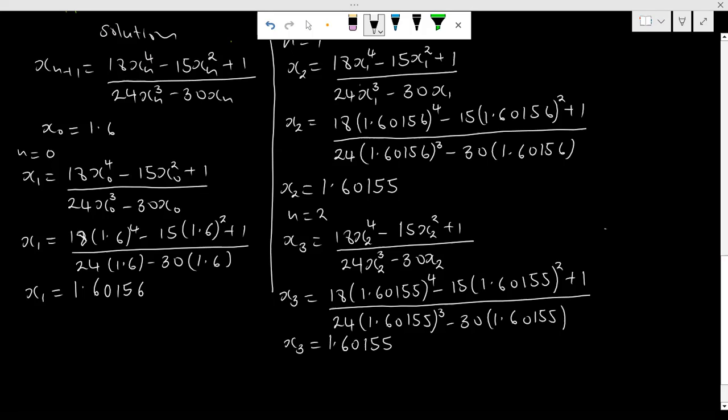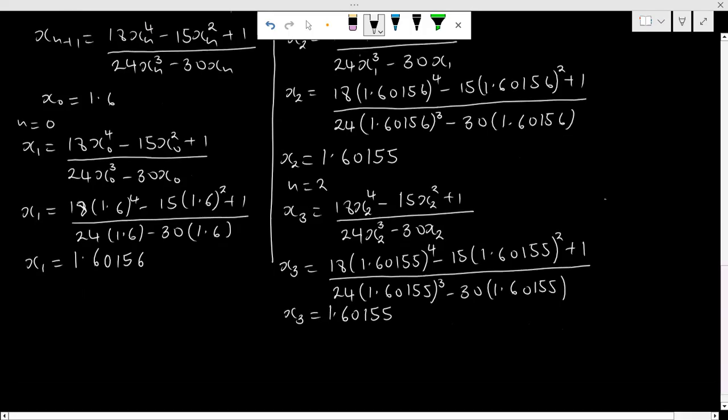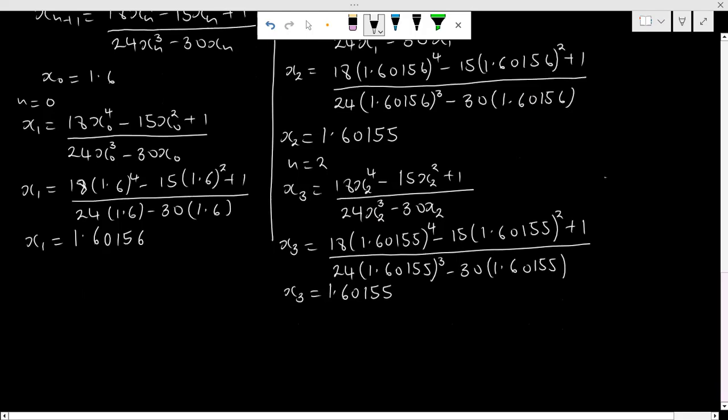So clearly you can see that our x2 and x3 have the same value, and so you can conclude here and say, hence x is approximately equal to 1.60155, and this is to 5 decimal places.